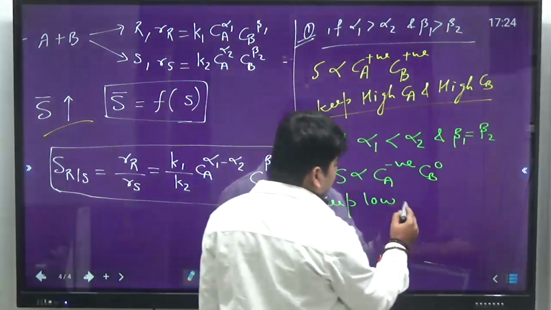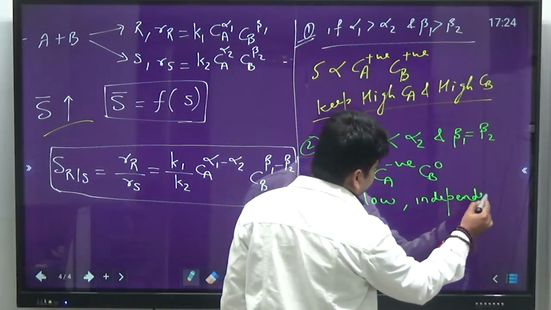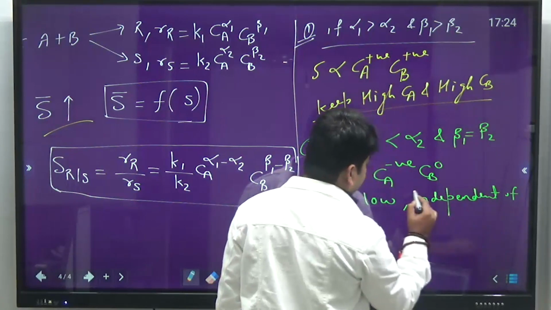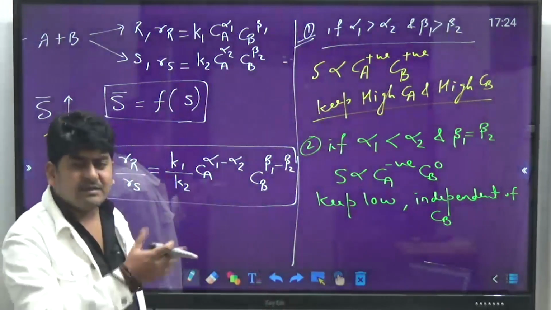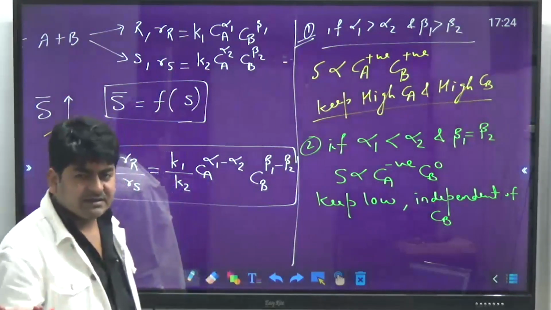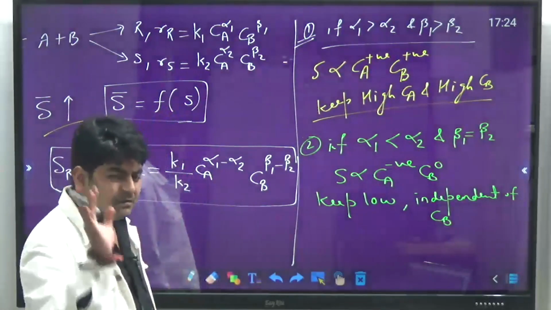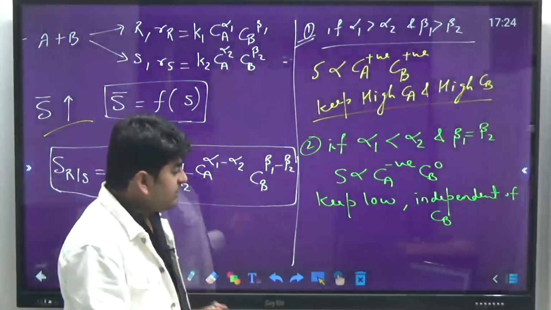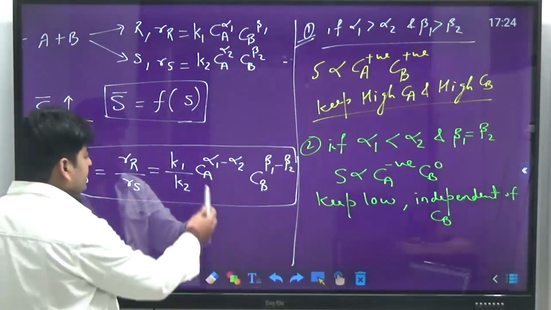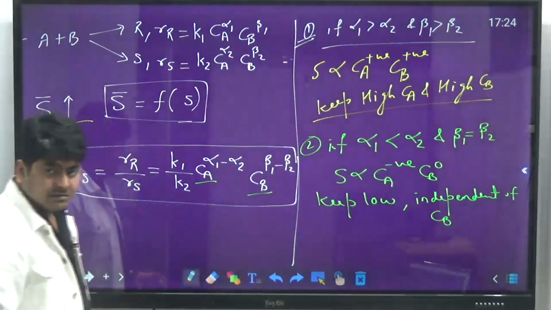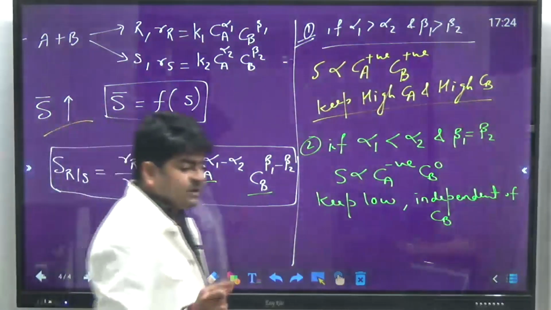You can keep high Cb or low Cb, because S will be independent of the concentration of B. Okay, and that's how you can draw n number of cases: alpha 1 less than alpha 2, beta 1 greater than beta 2, or alpha 1 greater than alpha 2, beta 1 less than beta 2, and so on. I'm not going into that detail because I hope you have understood all these things based on these two cases. So that's how we can optimize the reaction selectivity based on concentration.